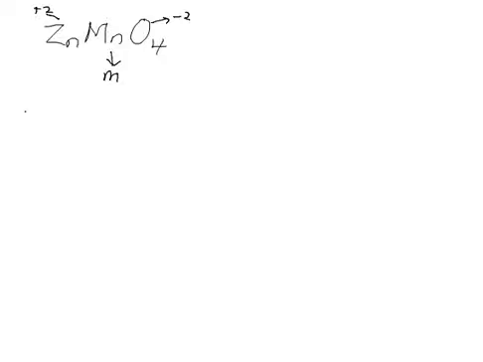So you substitute all this, and you have +2 for zinc plus 2M for manganese, since there are two manganese, then plus 4 times -2 for oxygen, equal to 0.